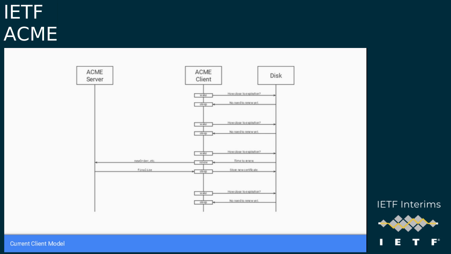This is a very, very simplified diagram of what an ACME client's flow looks like today. Most ACME clients, certainly not all of them, but many ACME clients wake up on a regular schedule, for example, once every 24 hours or once a week or something like that, inspect the certificate that is on disk that they are responsible for issuing and renewing, and see when its not after date is, when it's going to expire.